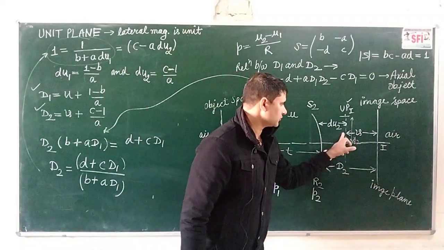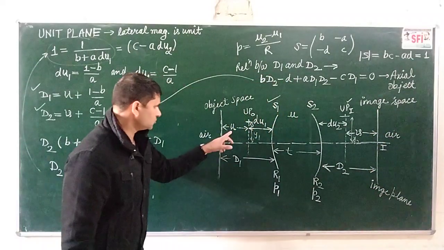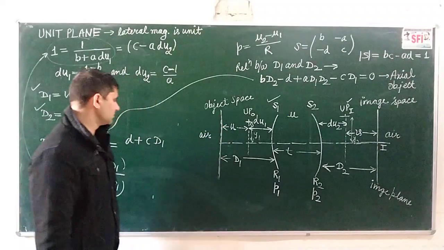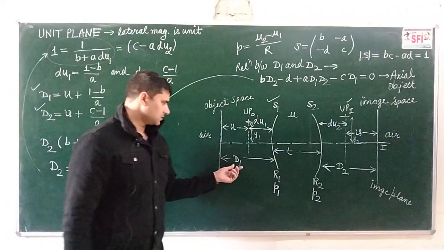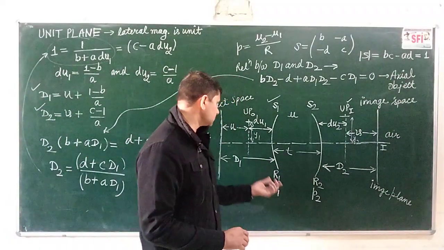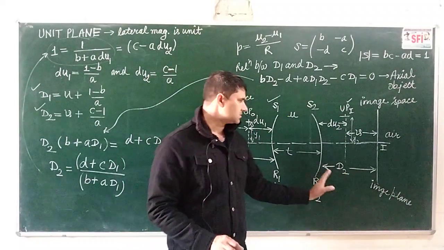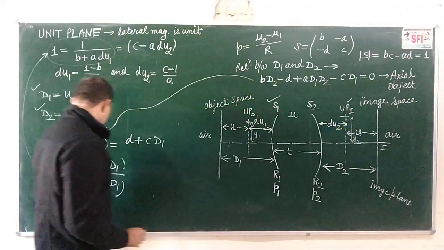V is the distance of the unit plane with respect to the image plane, and U is the distance of the unit plane with respect to the object plane. So basically we have eliminated D1 and D2. We have converted all relations in terms of U and V. So distances here we are taking with respect to unit planes.